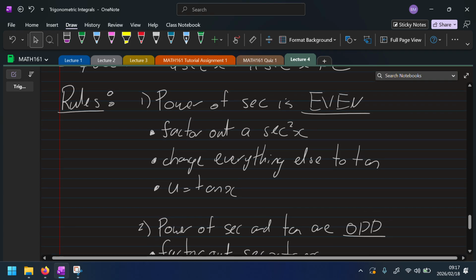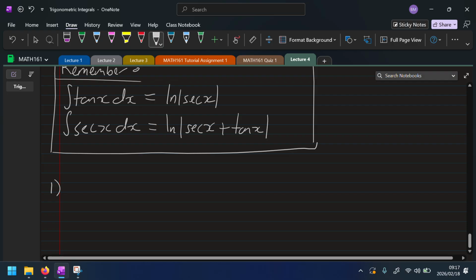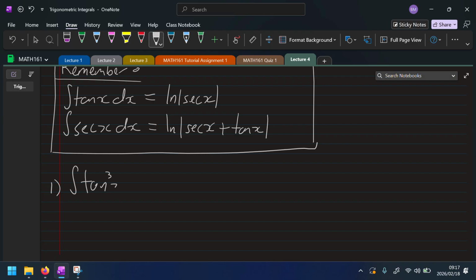Okay, so this is next problem, so number 1. So these are the more difficult problems than what we had before. So here we have the integral of tan cubed. Okay. Now this is a trig integral, right? It's just tan here. But it's not tan and sec being mixed like we had before.